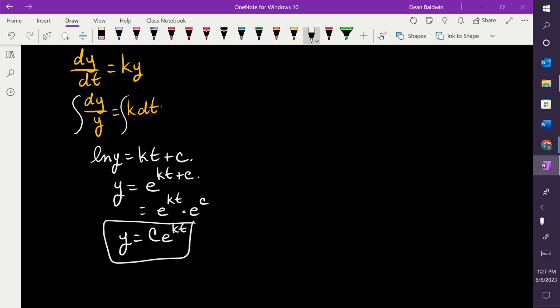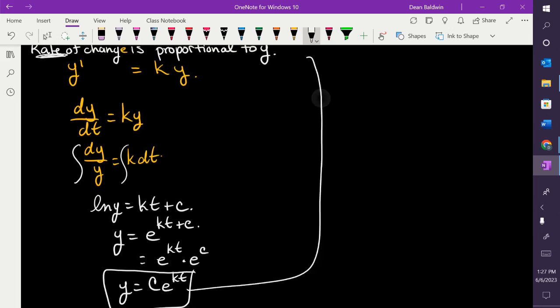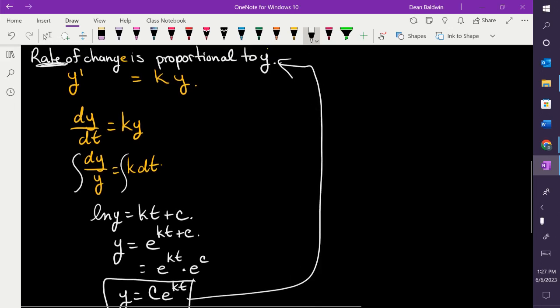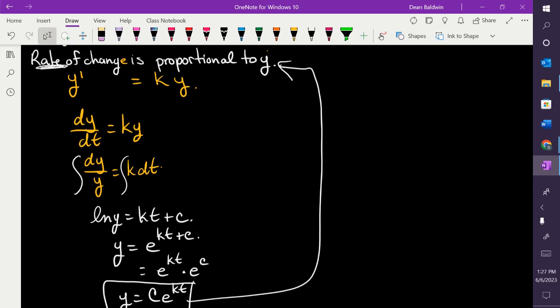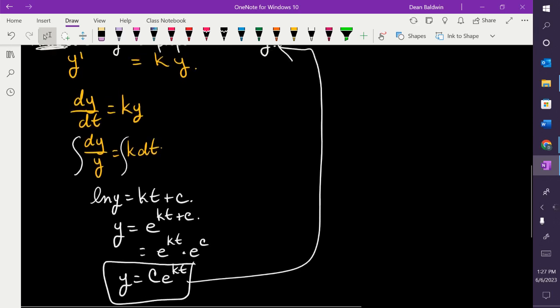That is the formula. Whenever you see the words, rate of change is proportional to y, or proportional to itself, it is always going to be the general equation y equals c e to the kt. Okay?